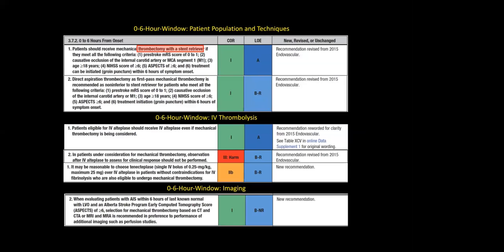It has class 1A evidence, as compared to direct aspiration thrombectomy as the first-pass mechanical thrombectomy, which has 1B evidence.